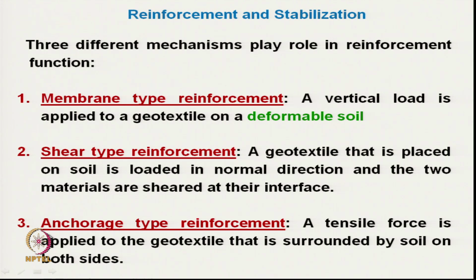And third one is anchor type reinforcement, where a tensile force is applied to the geotextile that is surrounded by soil on both sides. In shear type, the geotextile is placed on soil, so soil is only on one side, and over that only geotextile is there.